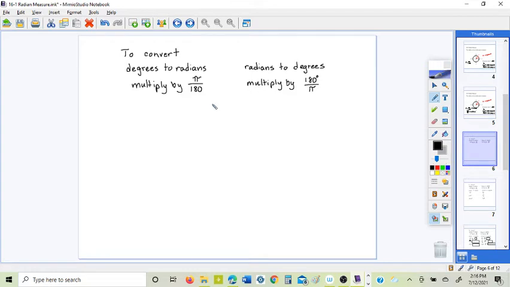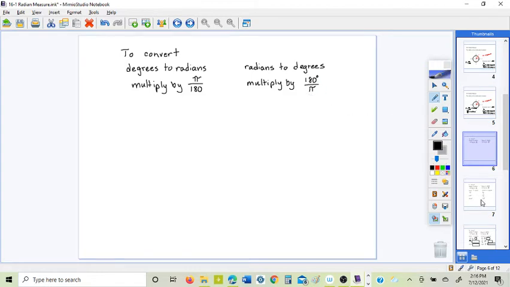And even on the college placement exams, they might want to see what you know as far as your math level, as far as whether you've had enough to go on to their next level. Radians to degrees, it's use the reciprocal. You're going to multiply by 180 degrees divided by pi.